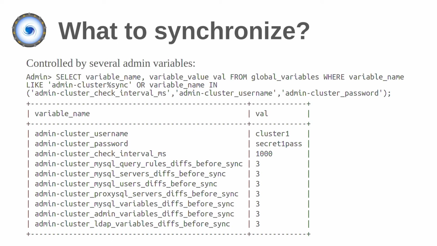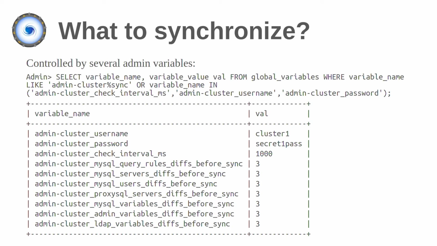Now, the next set of variables that we are seeing here is basically a variable for each module that is synchronized in ProxySQL cluster. For example, admin-cluster_mysql_users_diffs_before_sync. What this controls is that when nodes are checking each other and they detect that the MySQL users table has changed, they wait 3 checks.